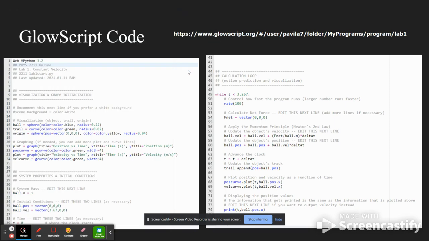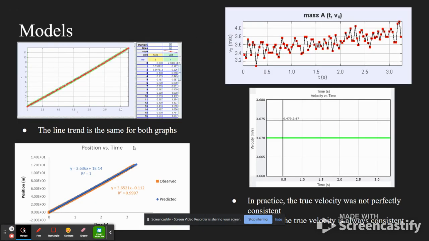Now, if we look at the plot I made with the observed line and the predicted line, we can see that the slopes are slightly different due to error that might have occurred when tracking the position of the system manually. If we analyze the velocity time graph, this difference becomes more noticeable because the top graph fluctuates a lot due to precision difficulties when using the Tracker program.